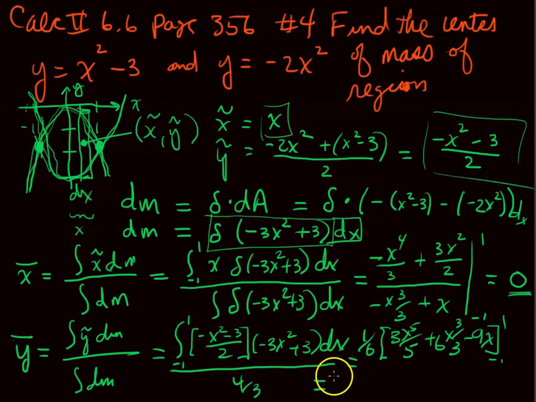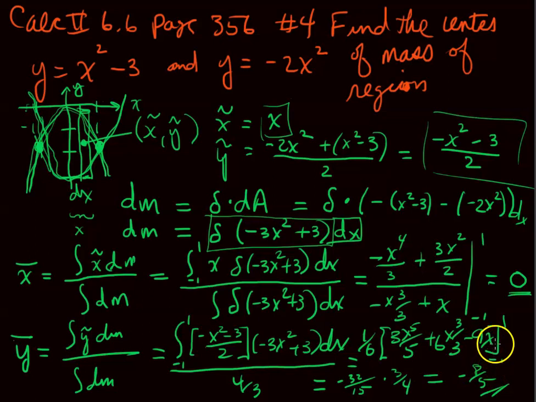We know the denominator is 4/3. The numerator is negative 32 over 15. And when you divide by 4/3, you multiply by 3/4. And as you cancel things, 3 goes into 15, well, 5 times. And 4 goes into 32, 8 times. So you get a negative 8/5.